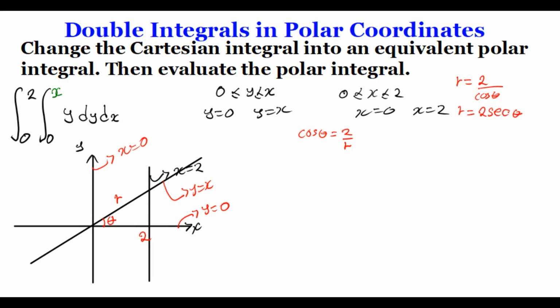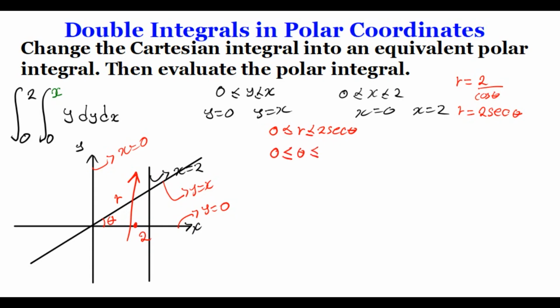So what this tells us is that our r is moving from 0 to 2 sec theta, like that. Then what about our theta? The lowest value of theta that we can pick, remember we're going in this direction, is 0. What about the highest value?